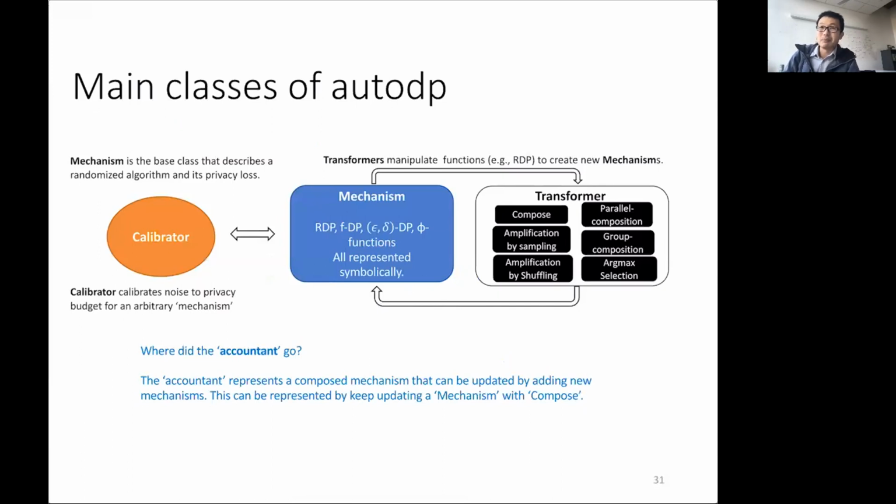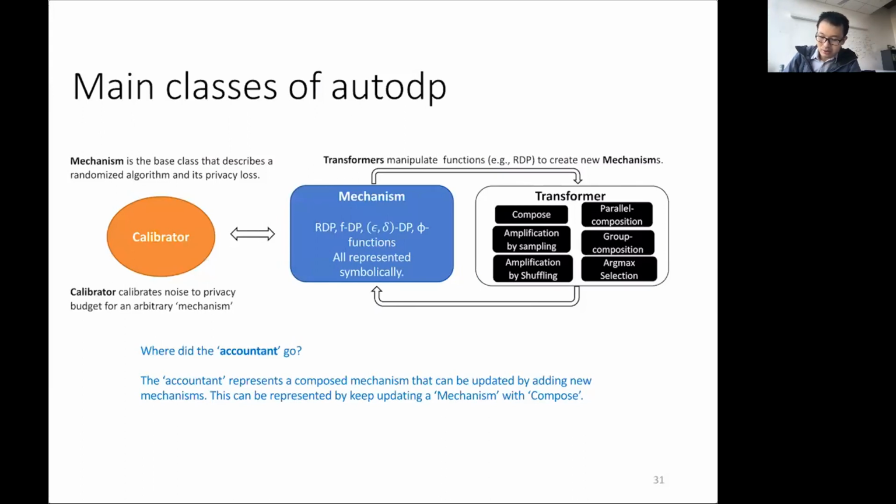And in each one of them, you can implement, say, different mechanisms. Say a Gaussian mechanism inherits the base mechanism class. And transformers can be composition, amplification by sampling, conversion from add-remove version of differential privacy into the replace-one version of differential privacy, and the conversion from local differential privacy to curator differential privacy, and so on.